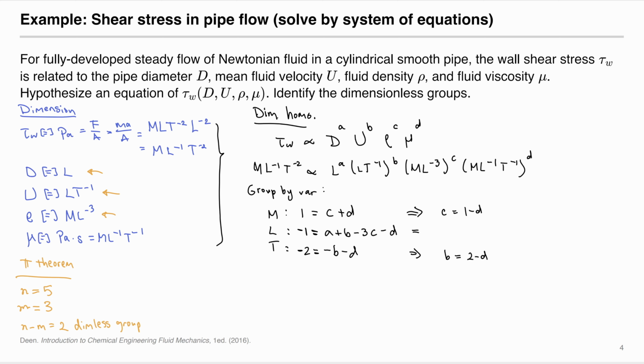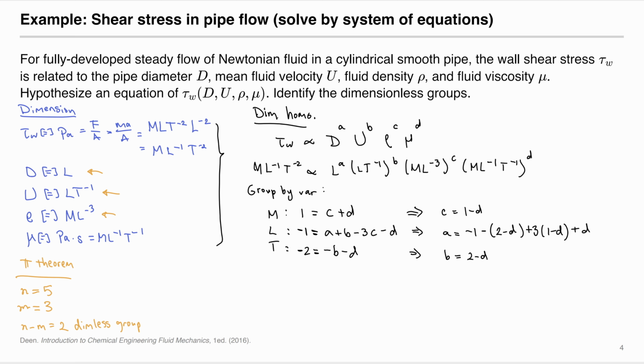And the middle equation, I can substitute everything, and let's say we have a is equal to minus 1, then minus b, but b is 2 minus d, plus 3c, but c is 1 minus d, and finally plus d. Let's solve this.